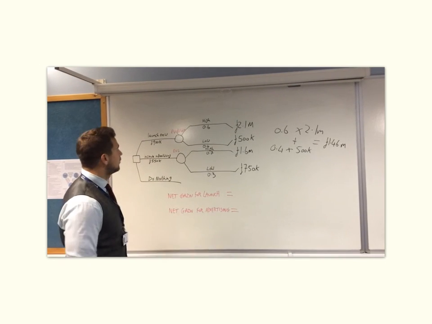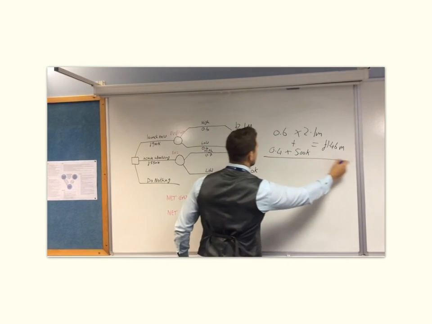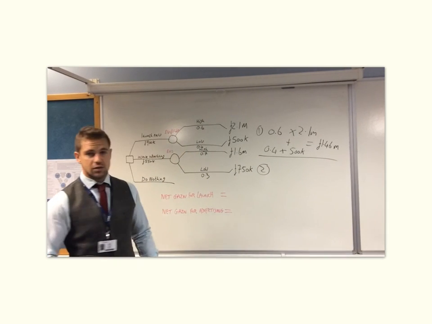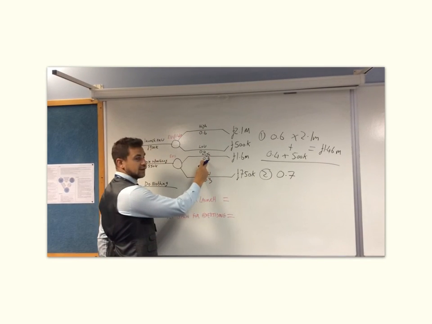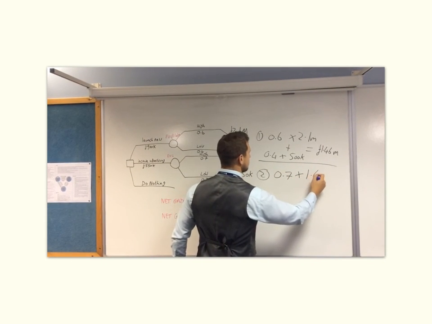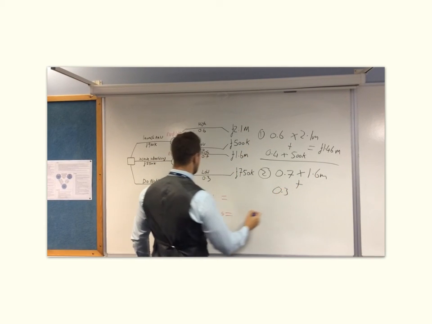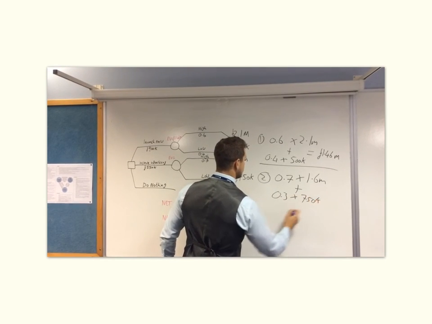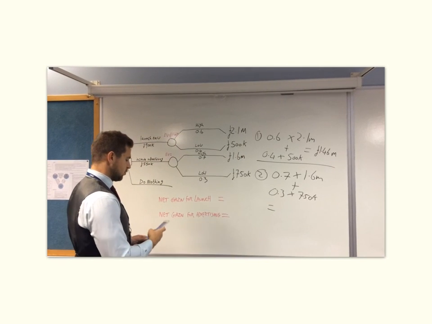Now we'll do the same for the second option, which is the increased advertising. It's going to be 0.7 multiplied by 1.6 million plus 0.3 times 750,000. That should give us the expected value for the second option.